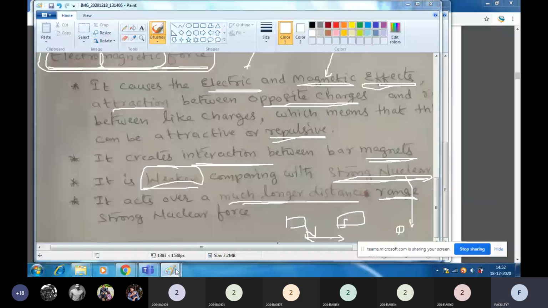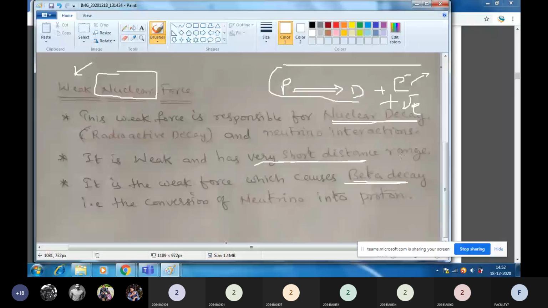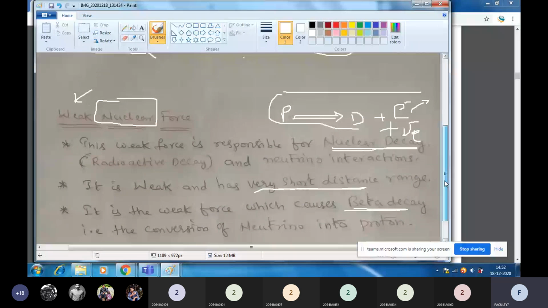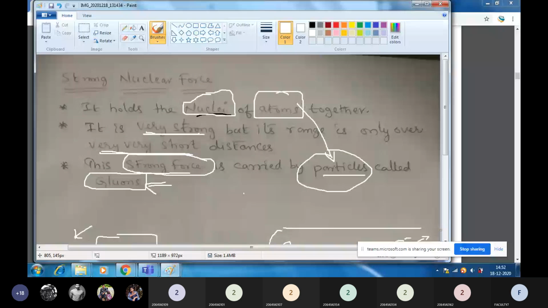Next, we had concluded with the remaining two. Strong nuclear force, it is going to hold the atoms or the nucleus inside the atoms. And as we are considering the atoms and inside those distances, the distances will be very, very small.